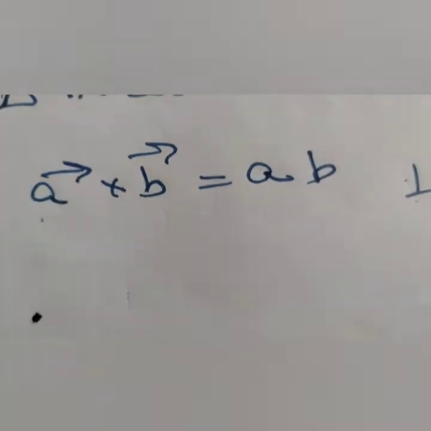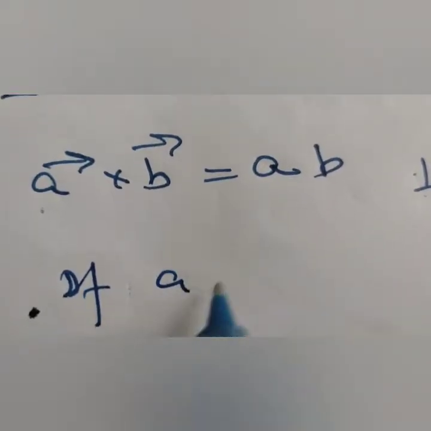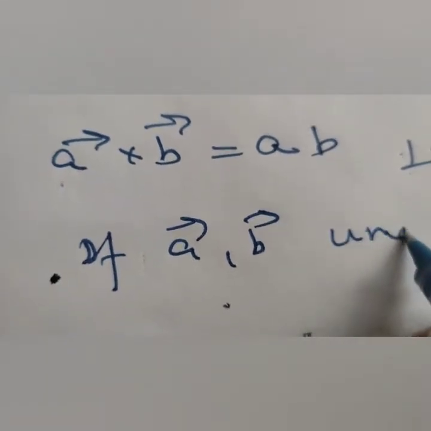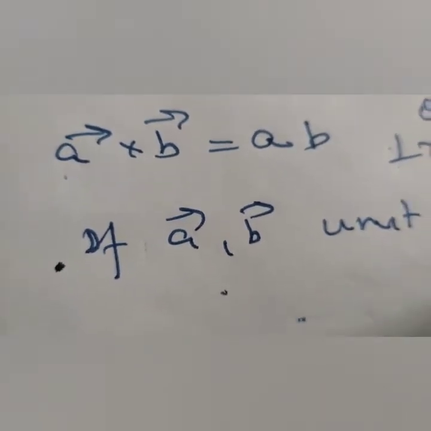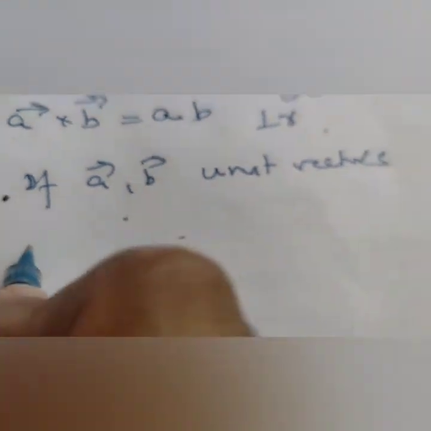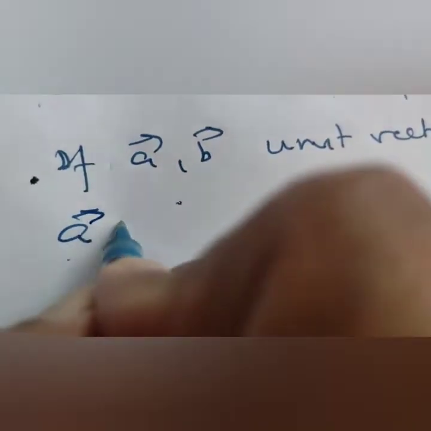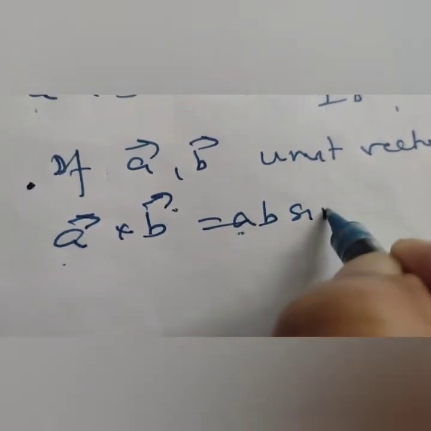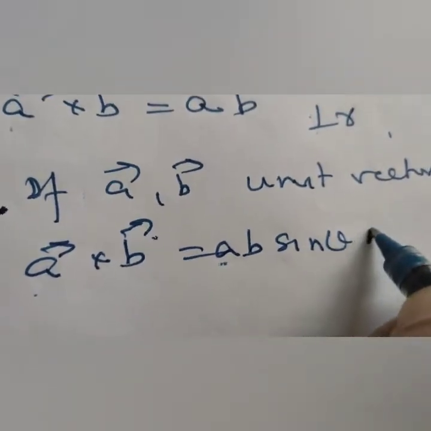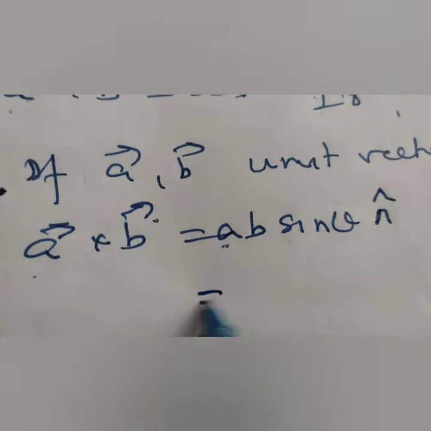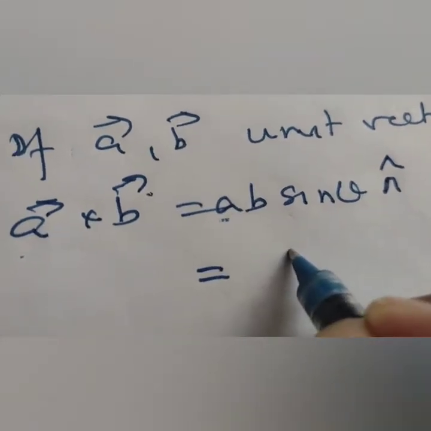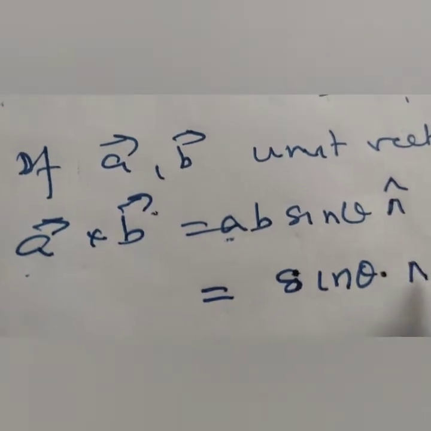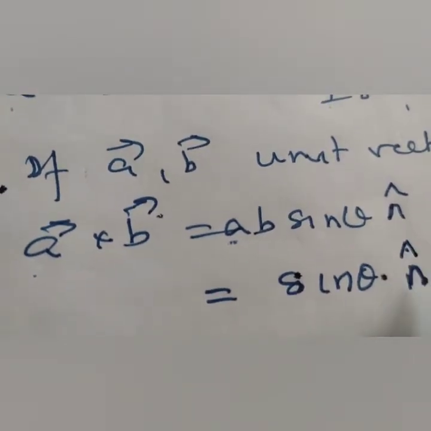Another one: if A and B are unit vectors, then A cross B is equal to |A||B| sin theta n, which is equal to sin theta n, where n is the unit vector in this direction.